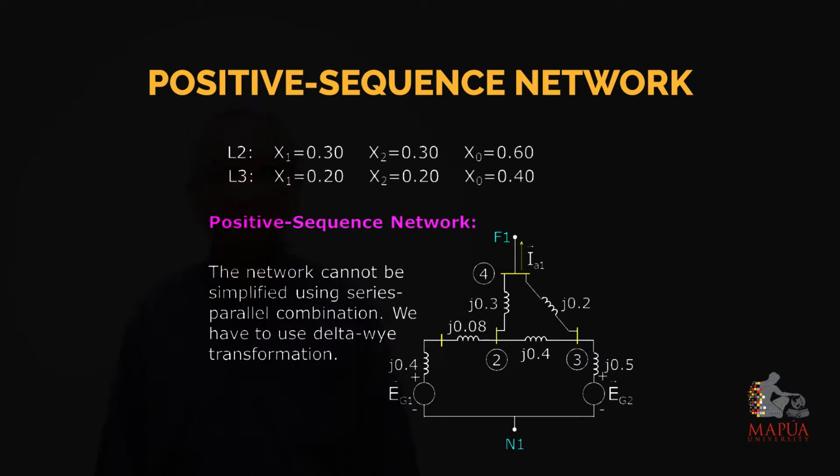Now, drawing the positive sequence network as shown in the diagram, based on how the given circuit is connected, the network cannot be simplified using series-parallel combination.